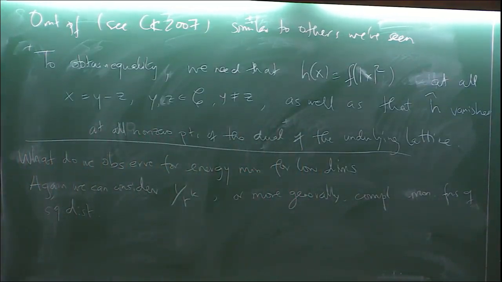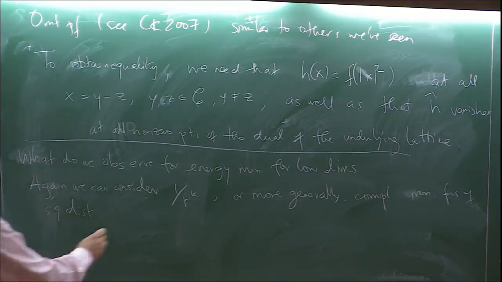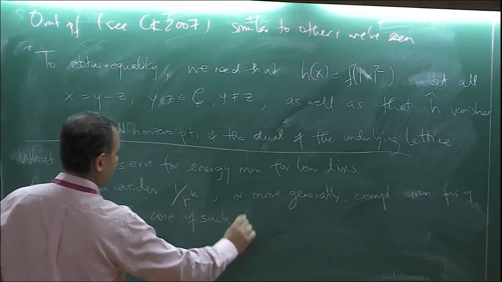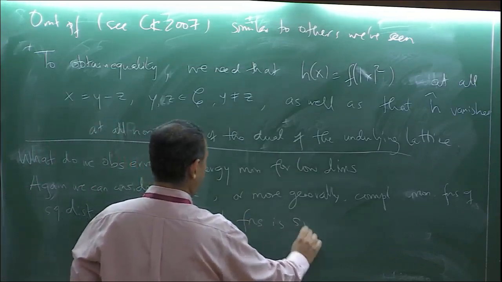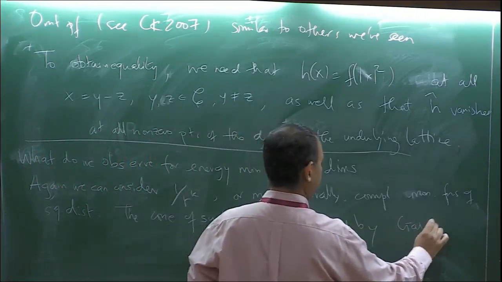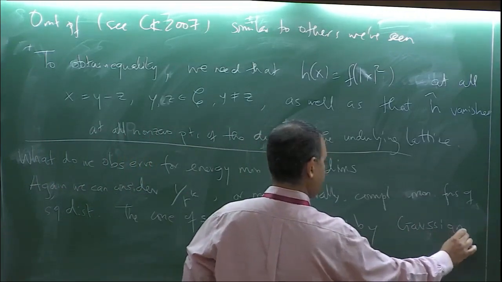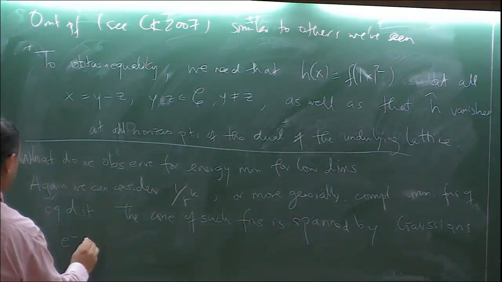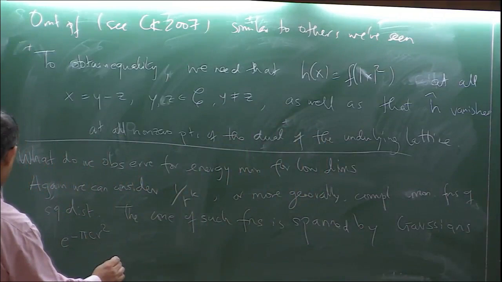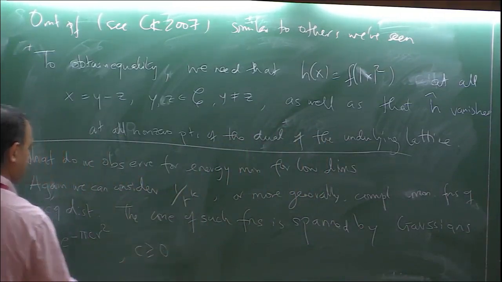In this case, there's a nice description. The cone of such functions is spanned by Gaussians, which I'm going to write as e to the minus pi c r squared, where c is non-negative.